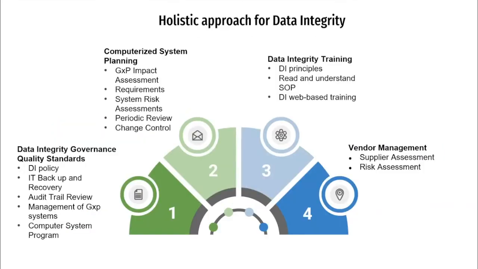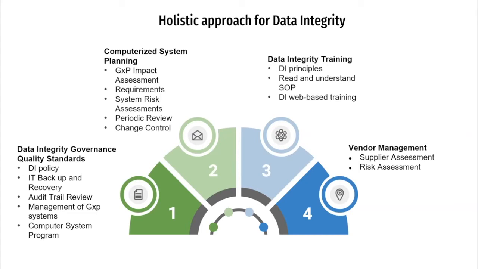And we can see from this slide, having data integrity governance, quality standards, computerized system planning, data integrity training, and vendor management provides that traceability for regulatory purposes, and also access for everyone and guidance that we can have. We'll be able to trend and deep dive into root causes, and you're also able to trend the system.